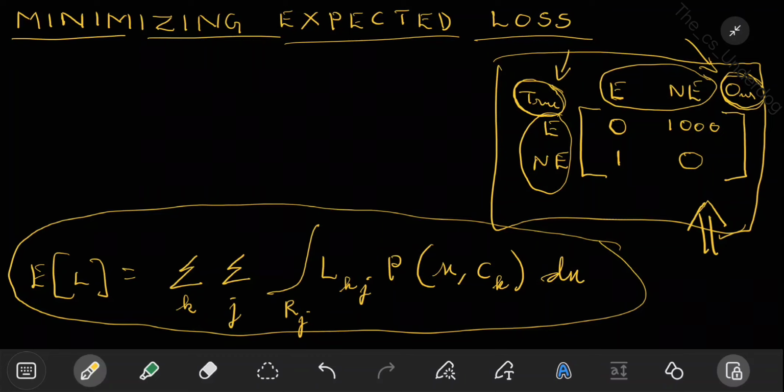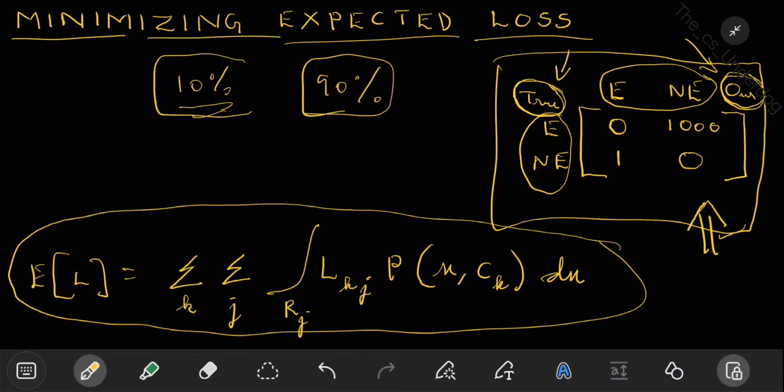Let us say I'm considering a case in which actually it is enemy, but you're putting as not enemy. In that case, let us say your model is saying there is 10% probability that it is actually an enemy, and 90% probability that it is not an enemy. Let's say this is what your model found.